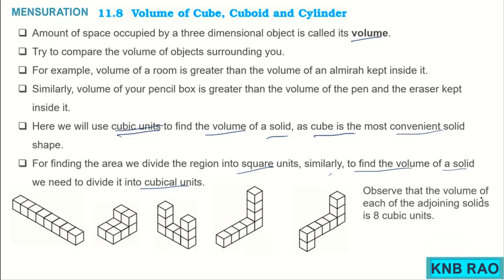So observe, the volume of each of the adjoining solids is 8 cubic units only. How do we write it? We write it as 8 units cube or 8 cubic units. Both are the same.